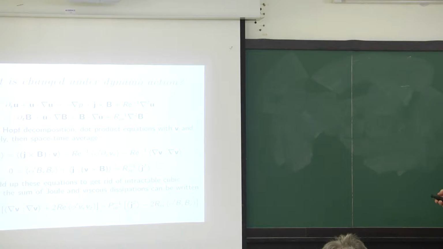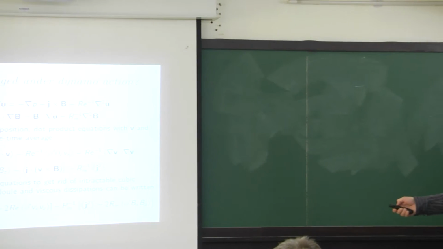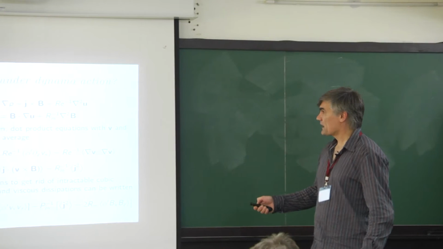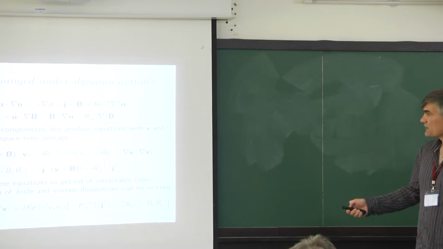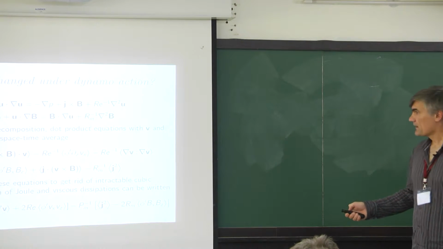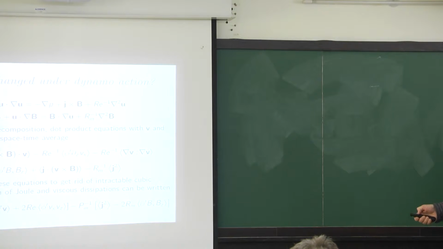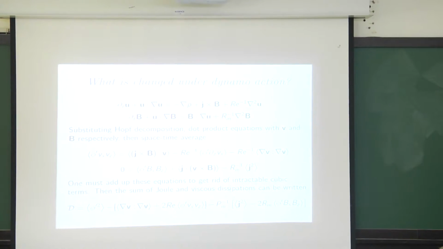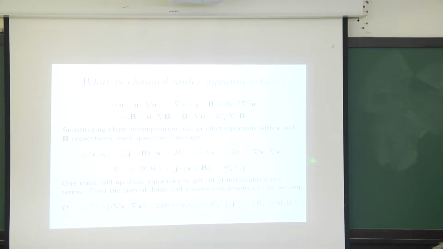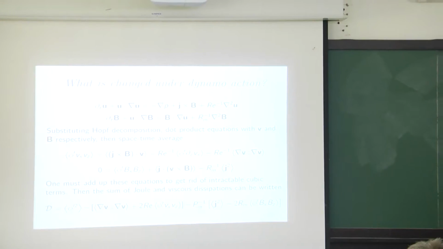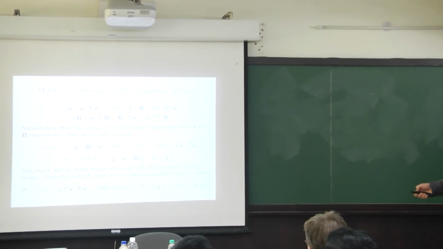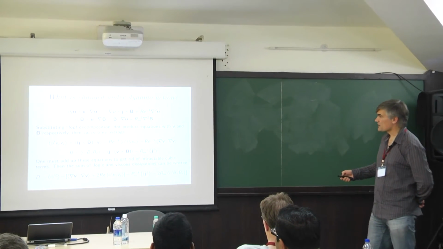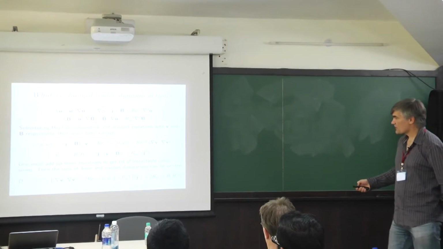Then what is changed under dynamo action? Under dynamo action, we have Lorentz force and we have the induction equation here. Well, in fact, we can do the same thing. If we do exactly the same thing, substitute the Hopf decomposition in both time and space average, multiply by V for the first one, and multiply by B for the second one, time and space average, like this.